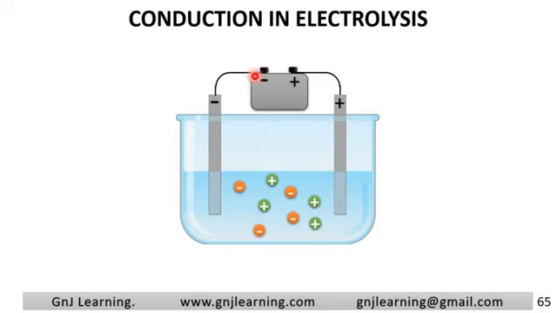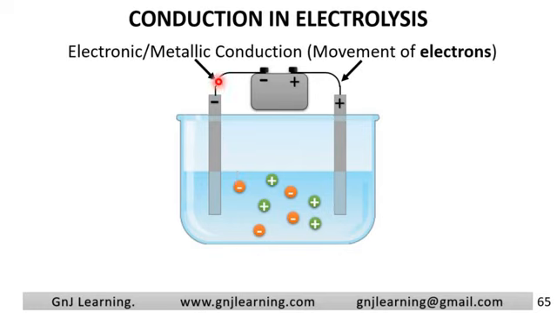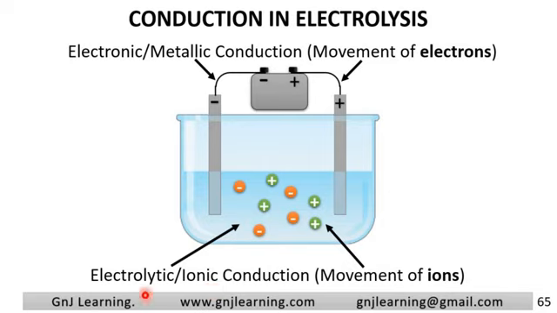The conductors are called electronic or metallic conductors, and these are known as ionic or electrolytic conductors. So we have two conductors. On the top we have electronic or metallic conduction, where the movement of electrons is responsible for the electricity movement. Inside the solution it is ions, and hence it is called electrolytic conduction or ionic conduction, and the movement of ions is responsible for that.